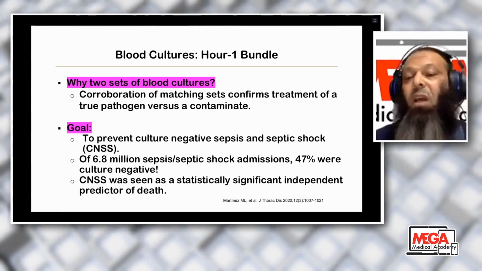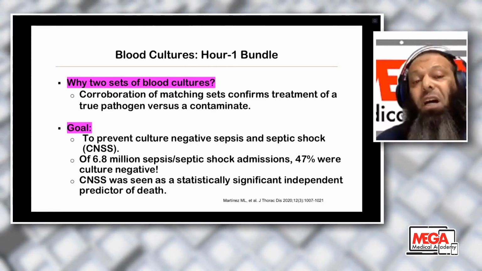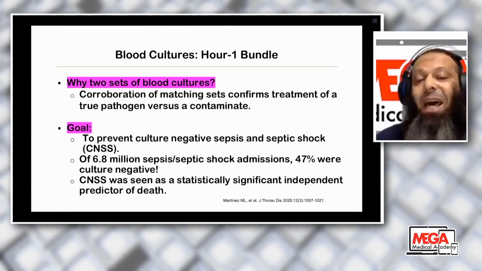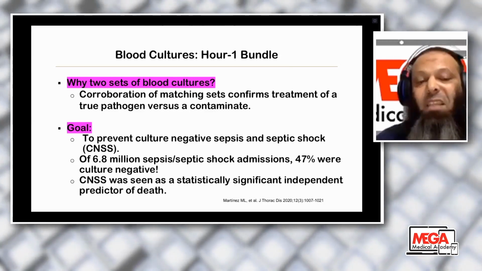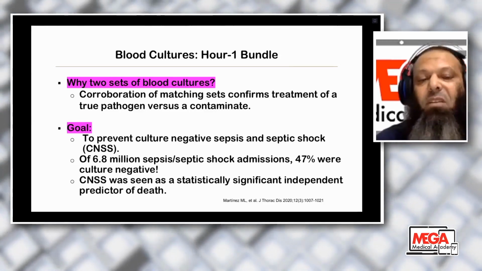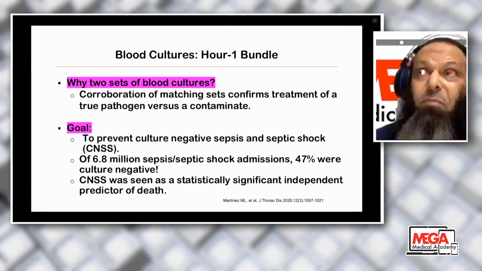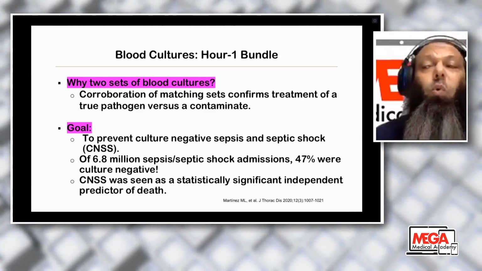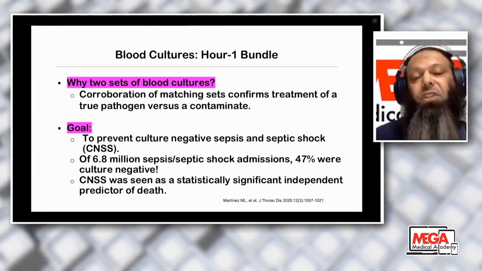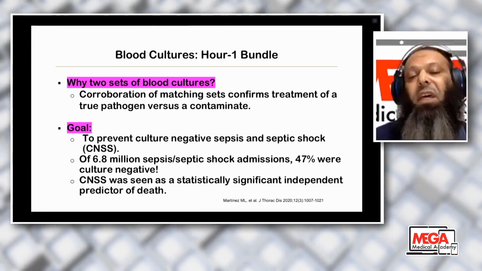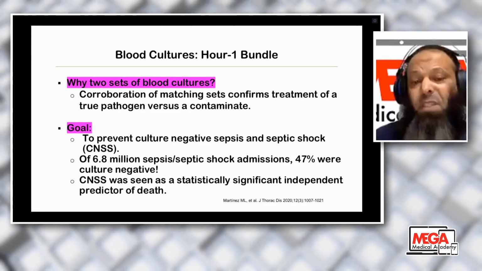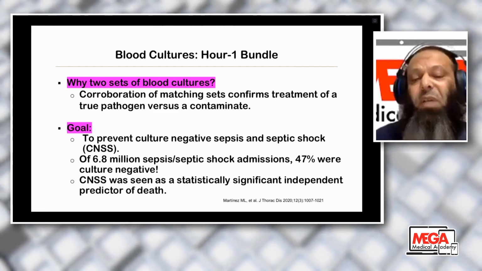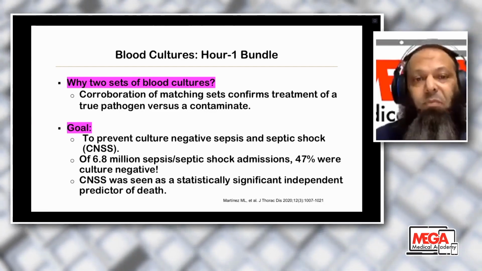So remember this very well: about 50% of your patients are culture negative, and adding to this, it is an independent predictor of death. So if you have a patient with septic shock and you missed your cultures, then you end up with culture negative septic shock. This is a significant predictor of mortality.